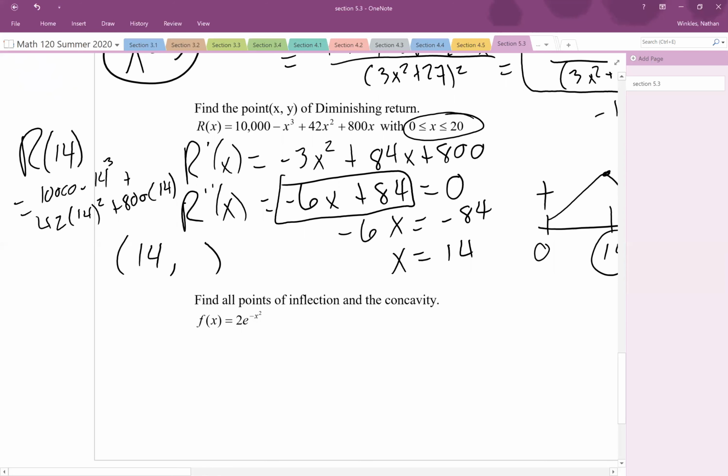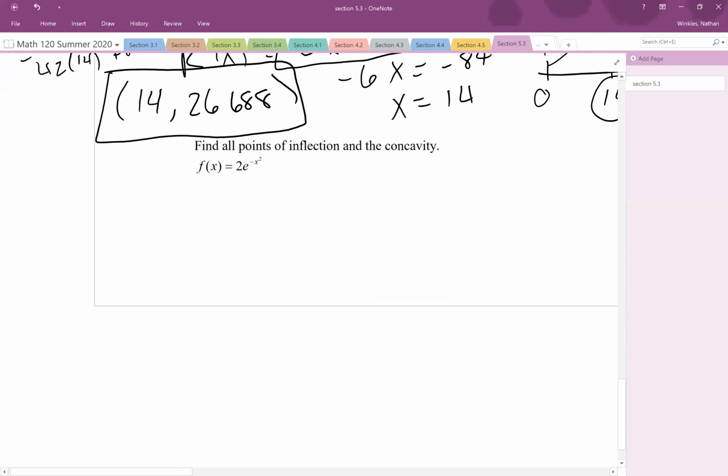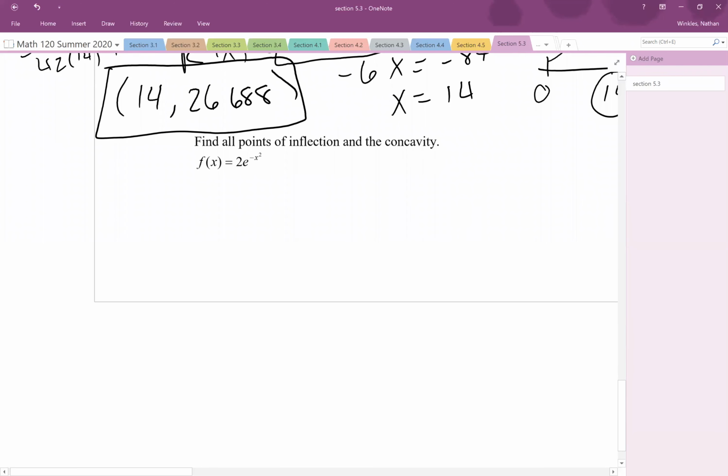And when we plug that in, we get 26,688. So this would be our point of diminishing returns. So depending on what we're given, depends on the complexity of these. Notice how some of them are more complex than others. So it's going to take time.